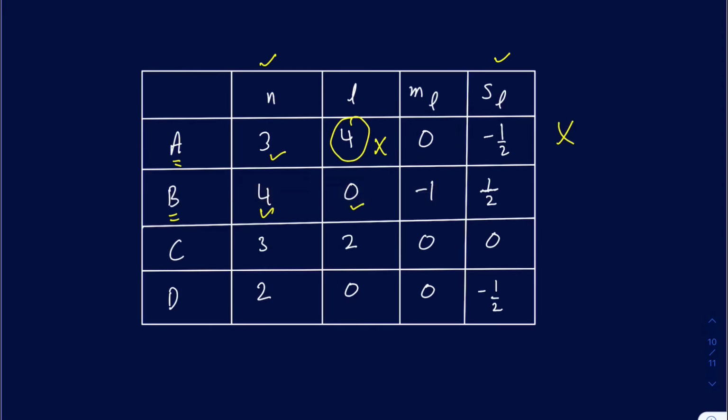It goes from minus L to 0 to positive L. Since the L value is 0, the only possible value for m sub L is 0, because writing minus 0 and positive 0 doesn't make sense. And you're not going to get minus 1 there anyway, so this is invalid as well.